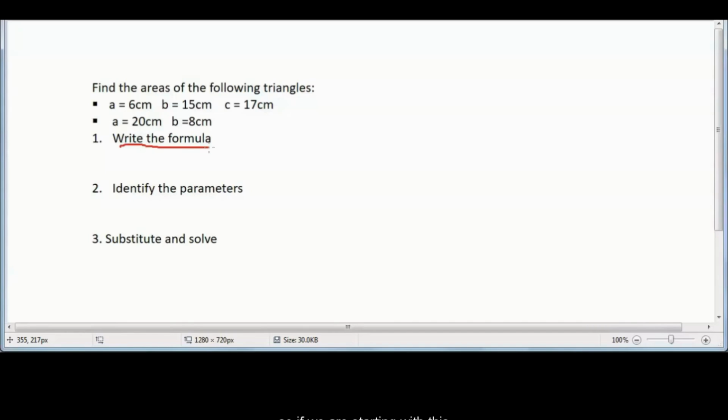So if we are starting with this, we can see that 3 sides are given. The formula for finding the area of a triangle with 3 sides is Heron's formula.